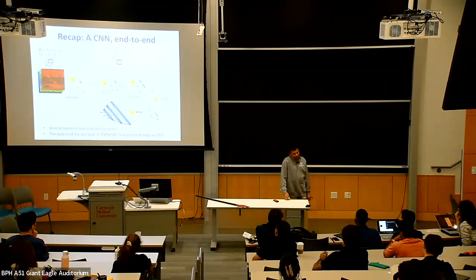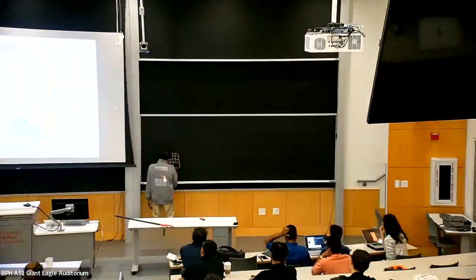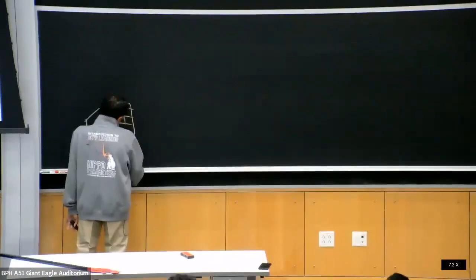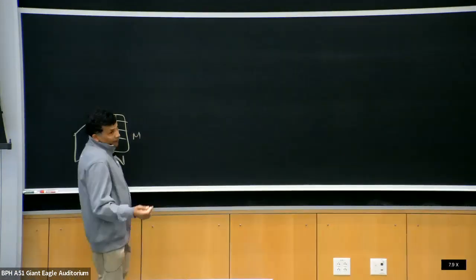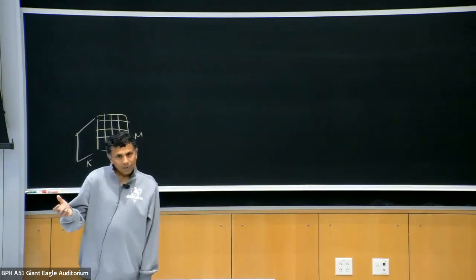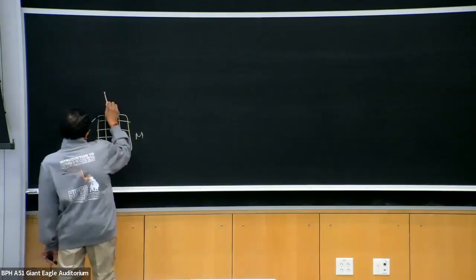If I have a collection of channels, so let's say this is n cross m, and there are k channels here. How many values do I have in all? N times m times k, right? So this is nmk.